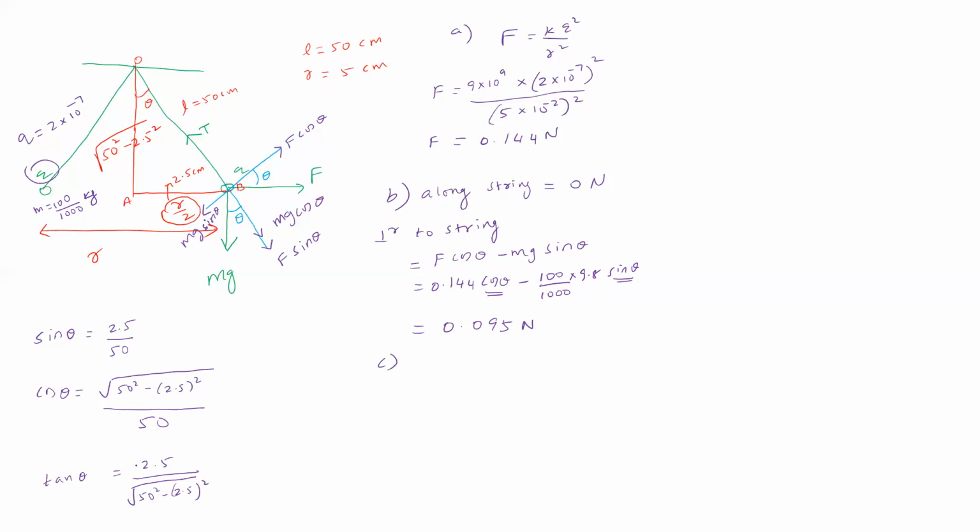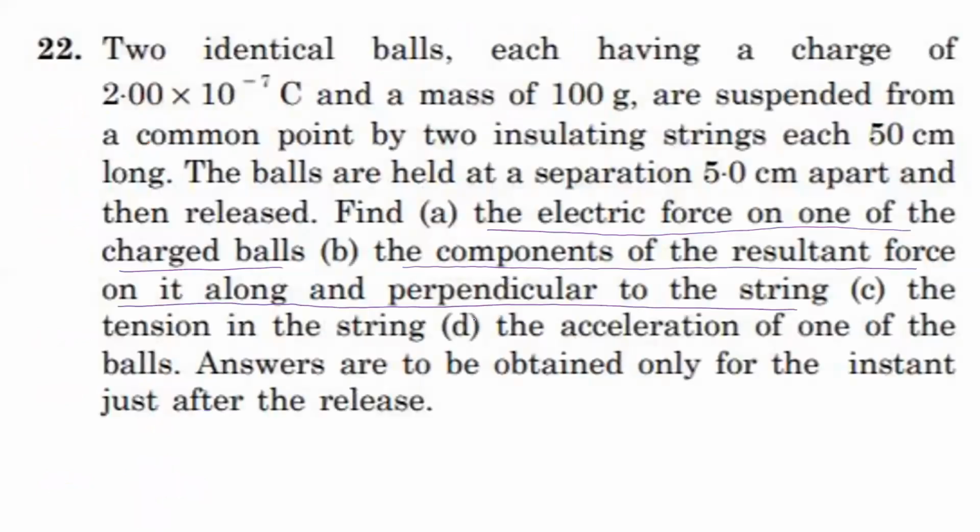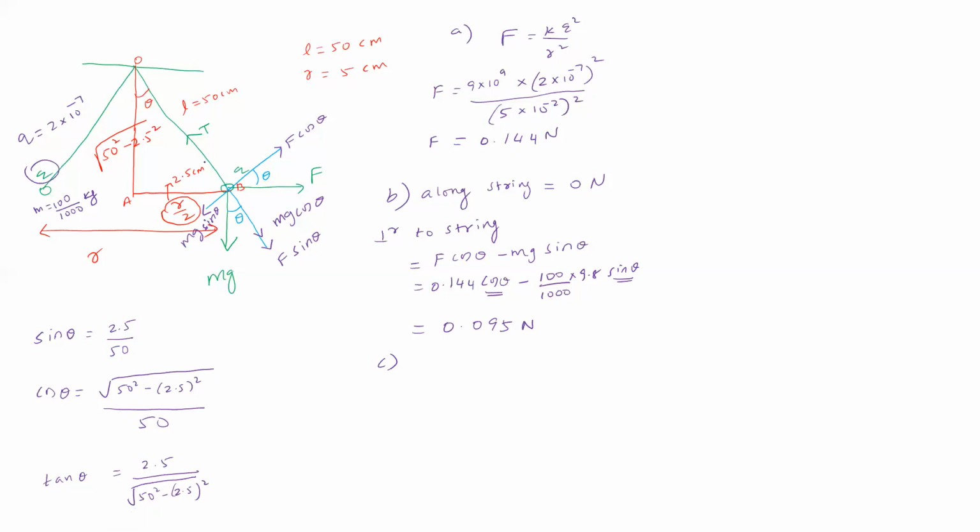And let us solve the third one. Listen here. The question is the tension in the string. Now we are going to find the tension. This tension is equal to square root of mg square plus F square, because the resultant of F and mg force is known as tension.